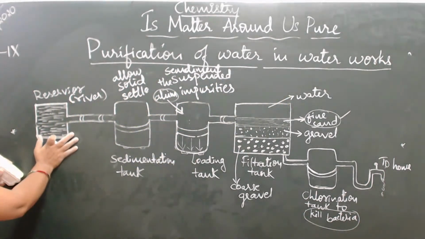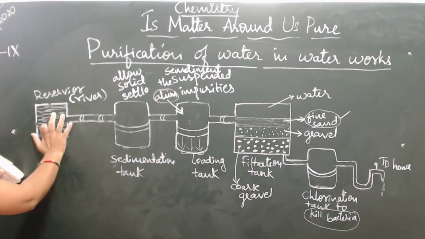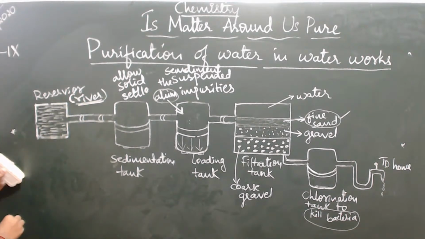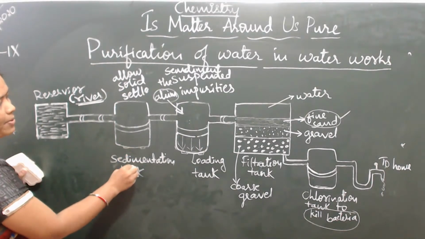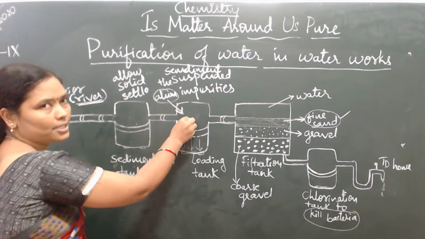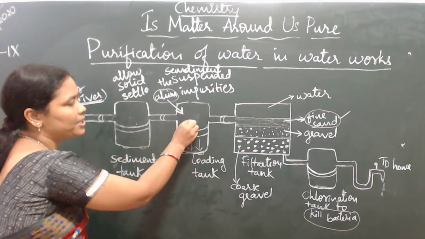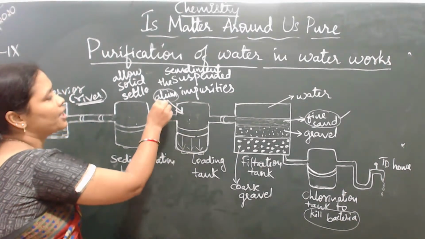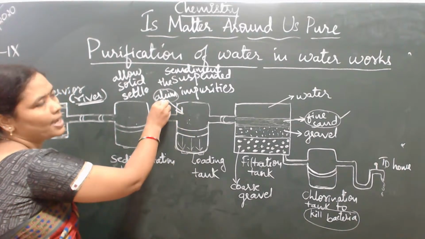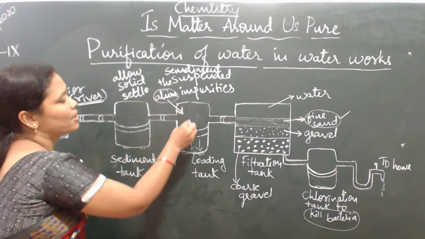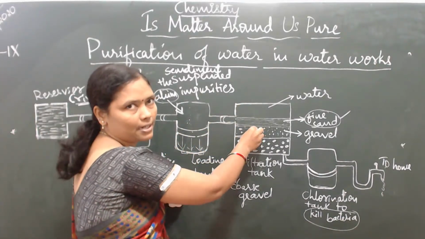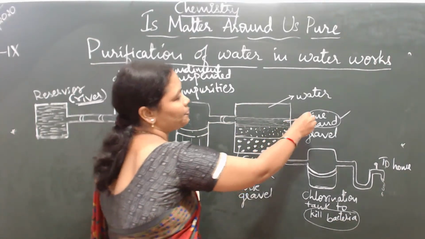What we did here is take water from the water bodies, say the river, where we get a large amount of water. It is passed to the sedimentation tank, where the solid particles settle down and some of the lighter impurity particles remain suspended. Here we have added a piece of alum. The lighter impurity particles attach to the particles of alum, and with the help of gravity, they settle down, and it is passed to the filter tank for filtration.